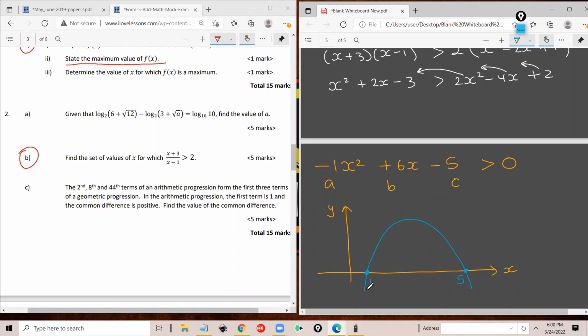And they're asking you now, which part of the curve is above the x-axis, more than 0? So the part that's above the x-axis, so let's put another squiggly line here, is this region here. That's the part between 1 and 5. So when x is between 1 and 5, that section of the curve is above the x-axis. So the thing in green, what I wrote in green, is the final answer for the examiner.